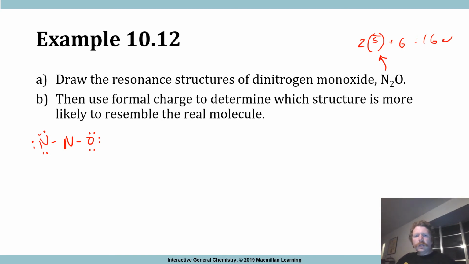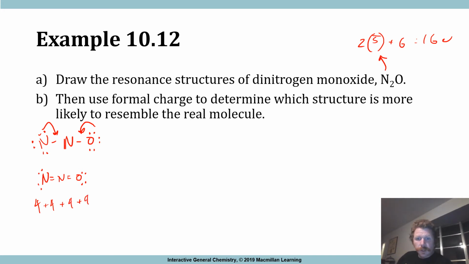So let's go ahead and try something like this. Drop those in there, drop these in here. Now let's go with N. Boom, boom. A double bond. Nitrogen, double bond, oxygen. So now I've got 4 plus 4 plus 4 plus 4.